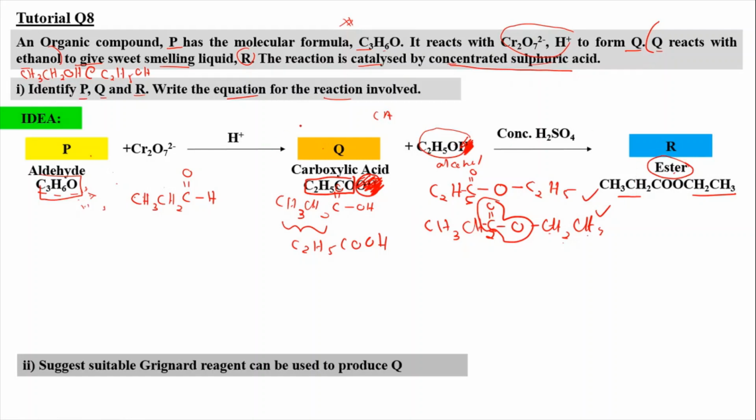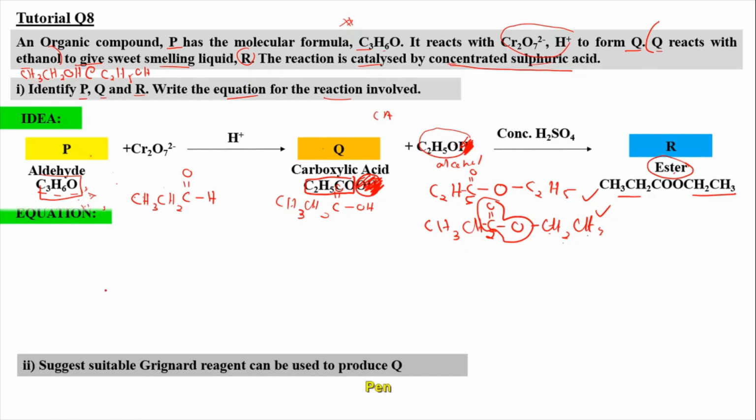Okay, however, the question asks you to write the equation for the reaction involved. Okay, this might not be quite right for an equation. It may sound like a reaction scheme. So to be safe, I would suggest you write every single step individually. Okay, so the idea here is important, but in order to get full marks, you need to write the equation again.